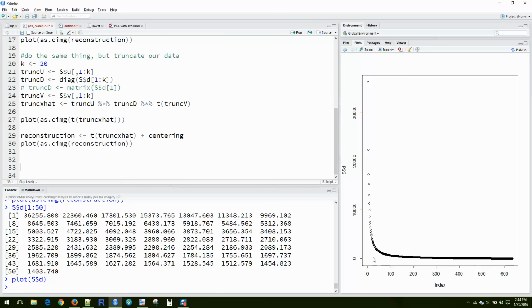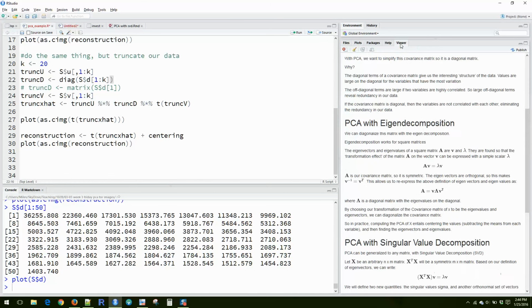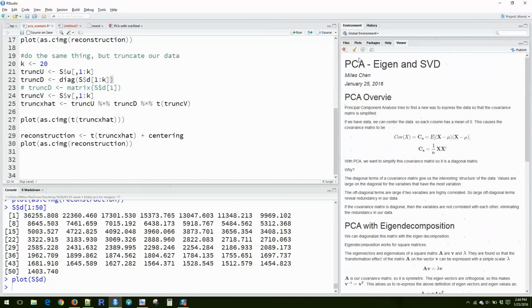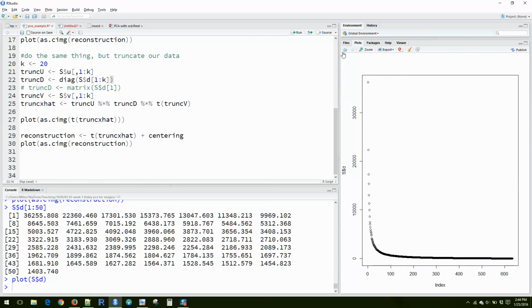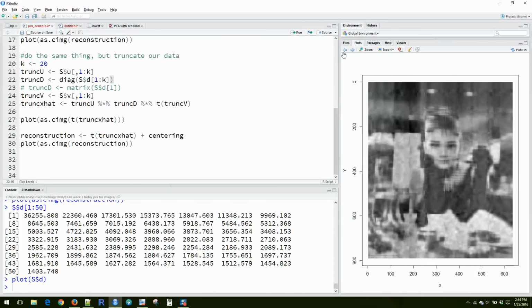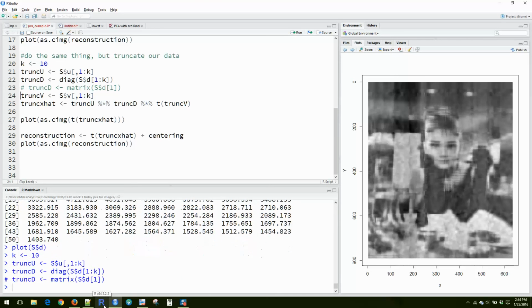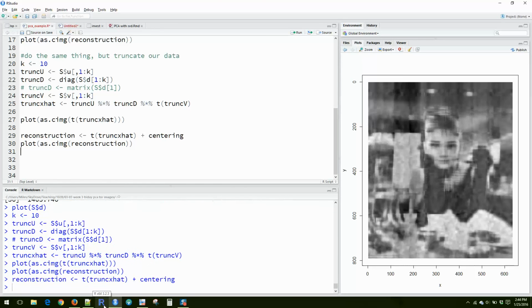Okay, and so we can see the jump from, let's see, we'll look at what 10 looks like. So that was with 10.